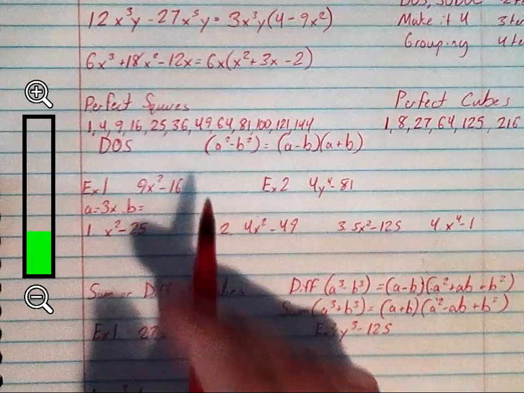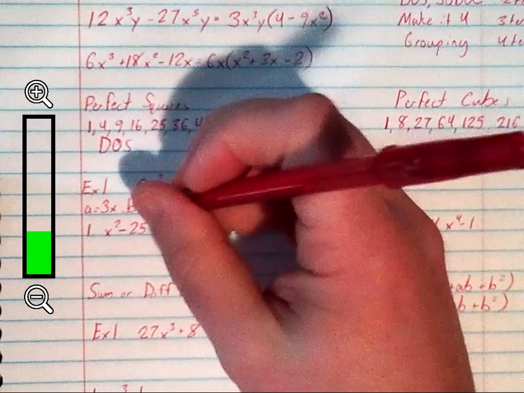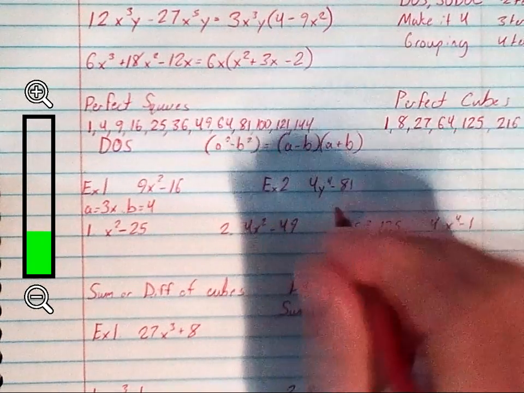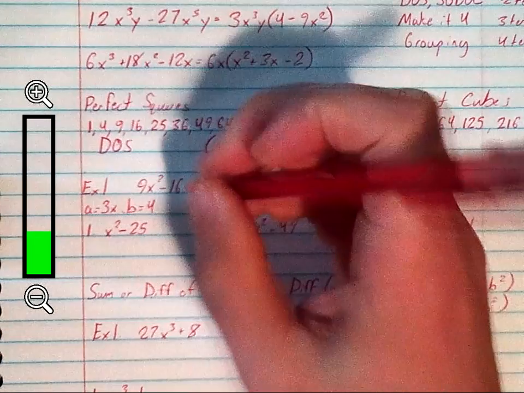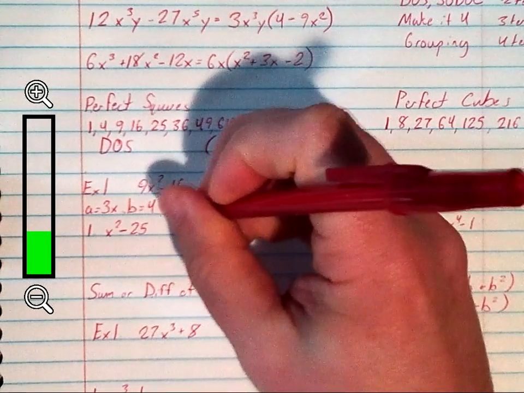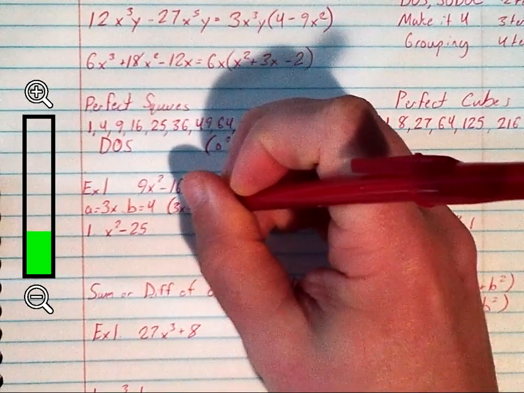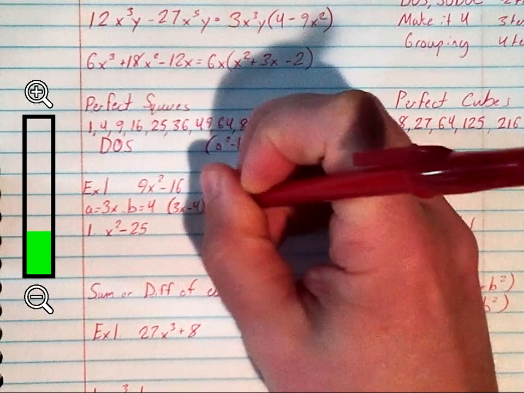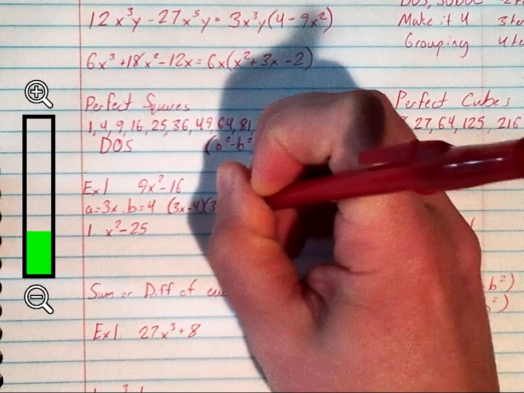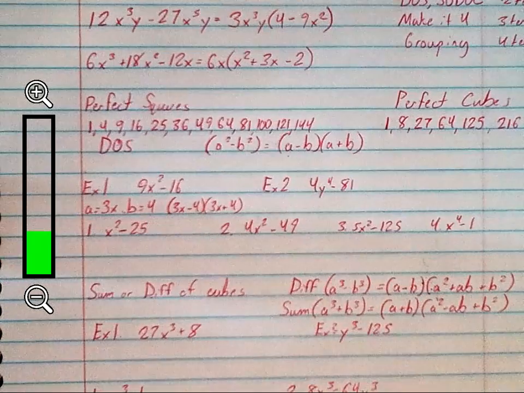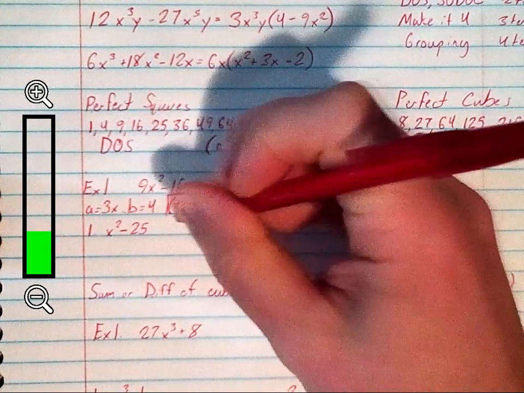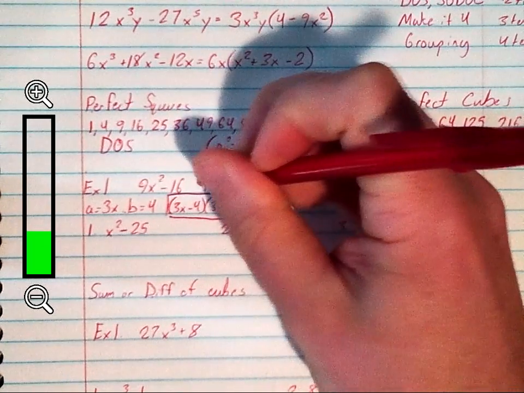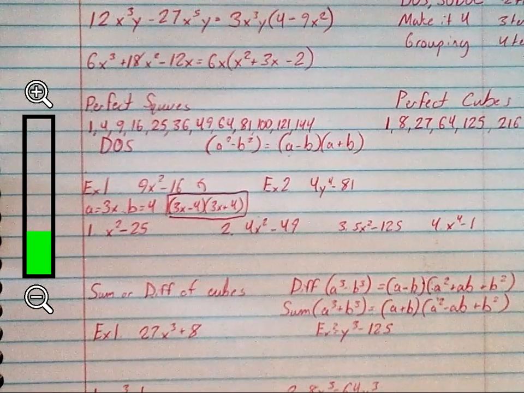Alright, what did I have to square to get 16? Well, that's 4, so b would be 4. So once you figure that out, you can just plug it into our little formula here. Okay, so 3x minus 4 and 3x plus 4. Okay, and so that would give me 9x squared minus 16.